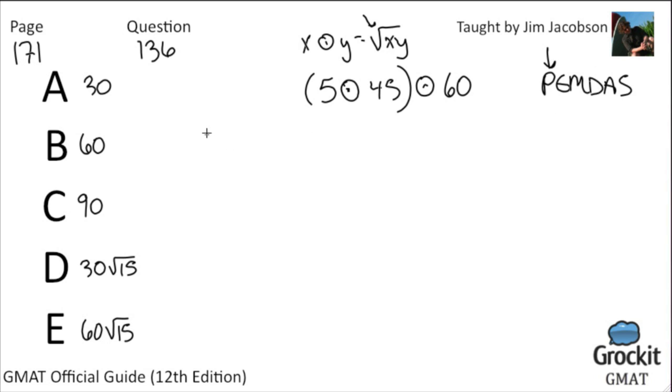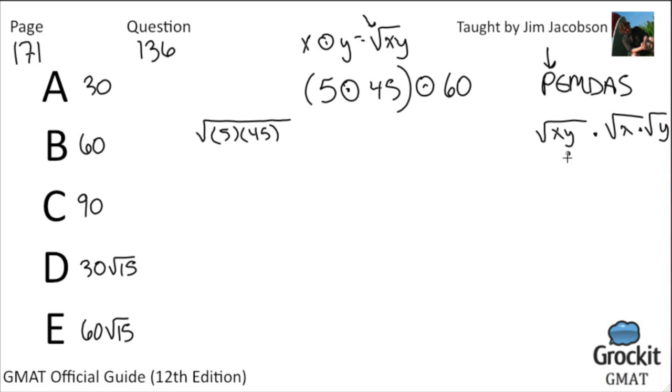So that is the same thing as 5 times 45. And that looks like it would be pretty unpleasant, and it would. But the thing to remember that's useful about exponents, and this is totally your friend throughout the GMAT, is that the square root of xy is the same thing as the square root of x times the square root of y.